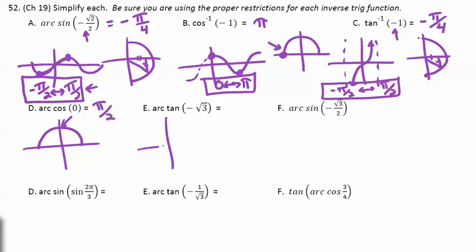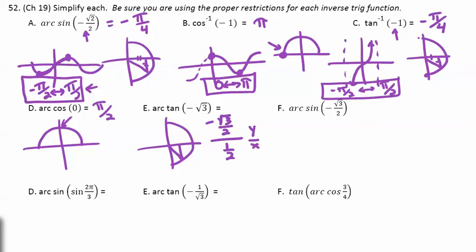Arc tangent, we just decided that tangent and secant inverses were restricted to negative pi over 2 to positive pi over 2. So where does this come from? This comes from the long leg over the short leg of a 30, 60, 90. So since tangent is y over x, we want the y coordinate to be the long leg, and we want the x coordinate to be the short leg.